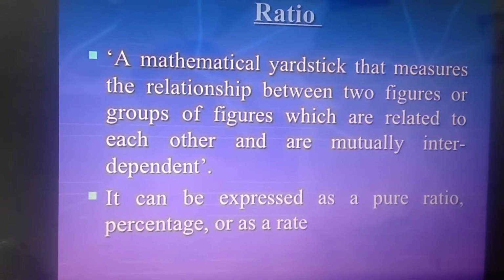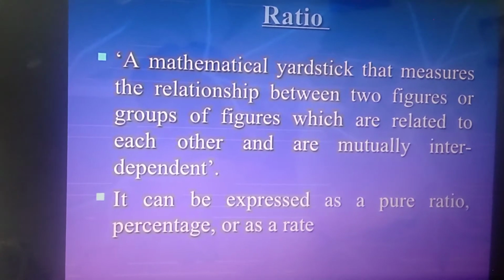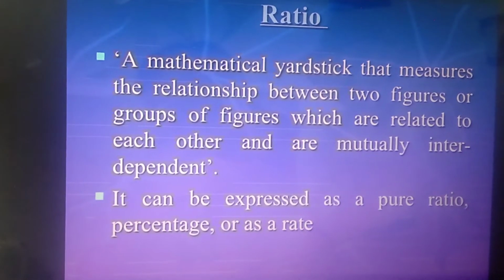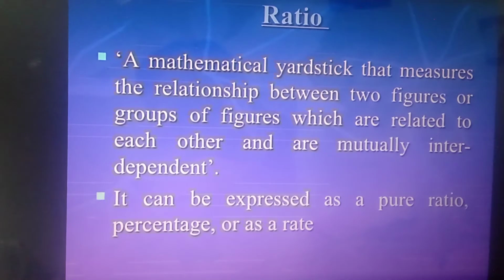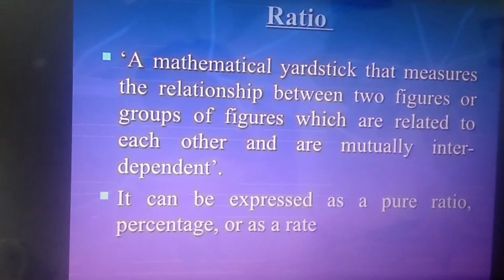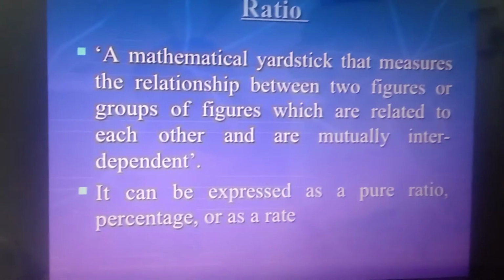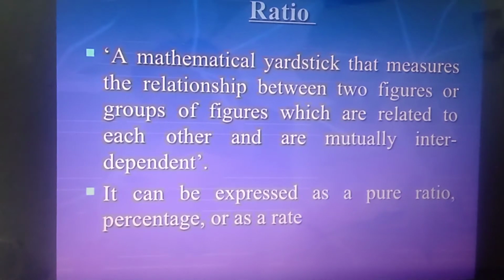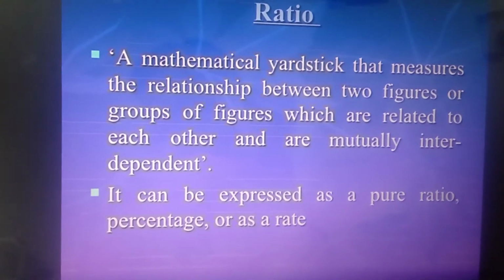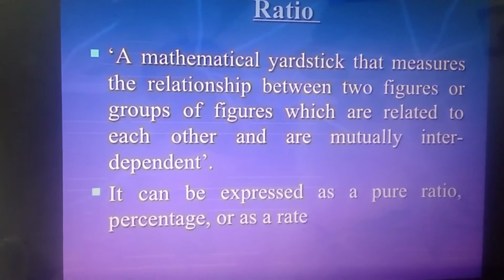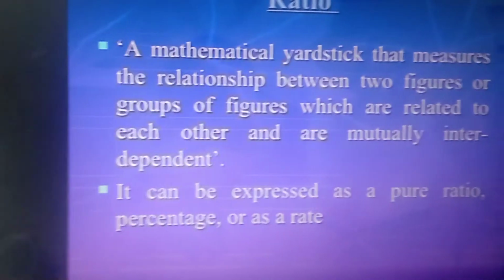Or you can say it expresses a magnitude by which one quantity is a multiple or a part of another similar quantity. This is the concept of ratio. The forms or expressions of ratios could be simple or pure ratio, in percentage, or we can express the ratios in rate or time also.